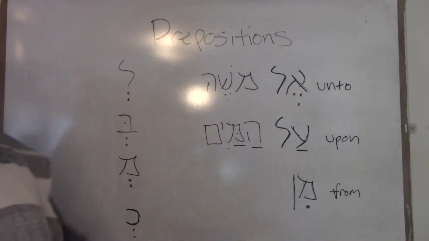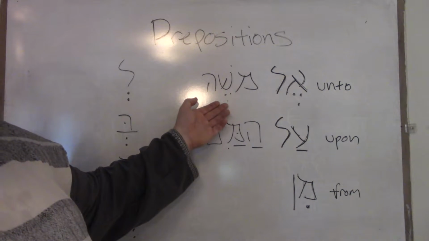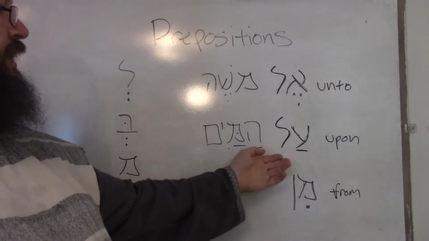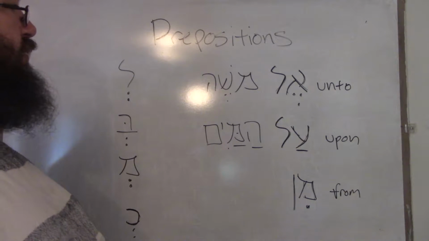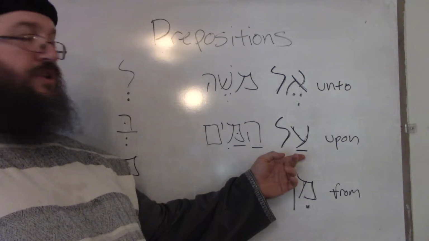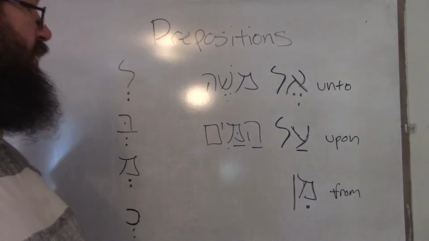So now we have al hamayim. Here we had el Moshe, to Moshe, or unto Moshe, and al hamayim, upon the water. So you can see the preposition, the definite article, and then of course the noun.